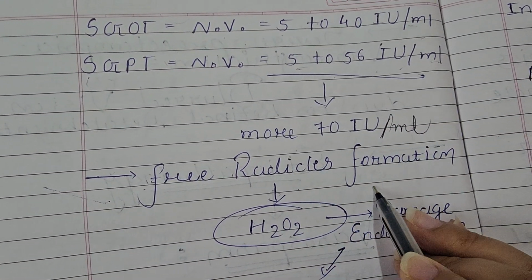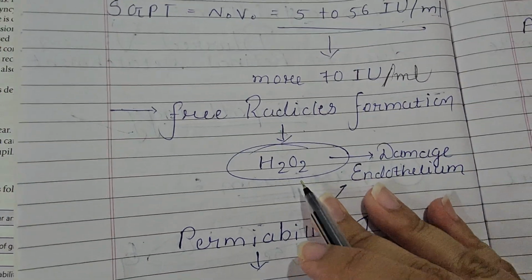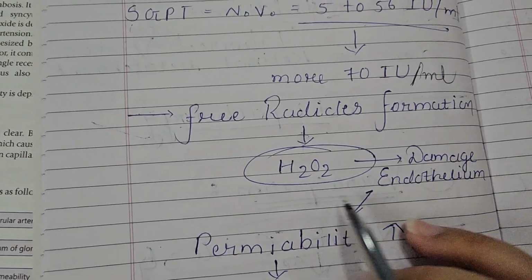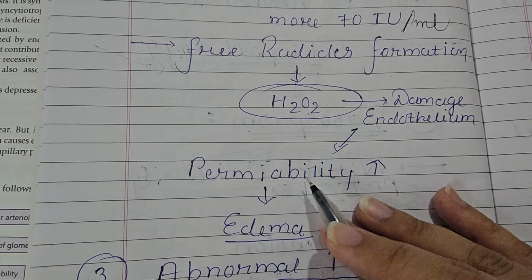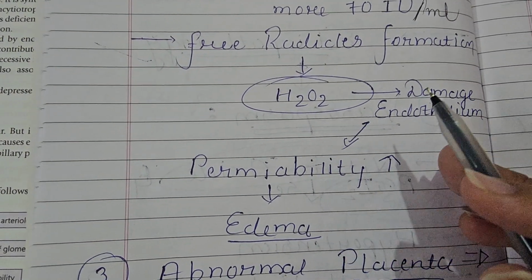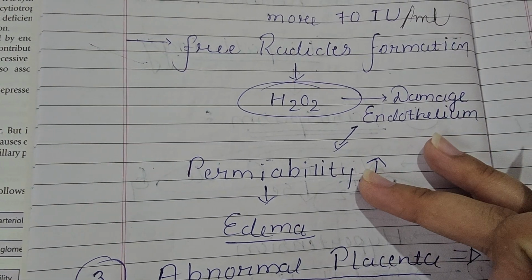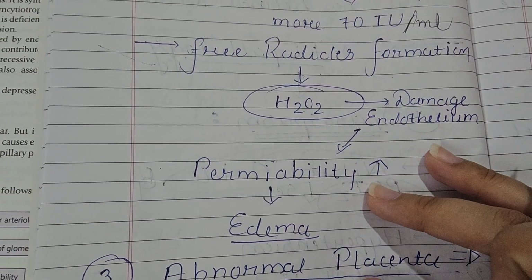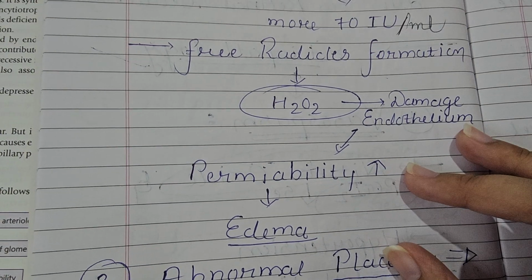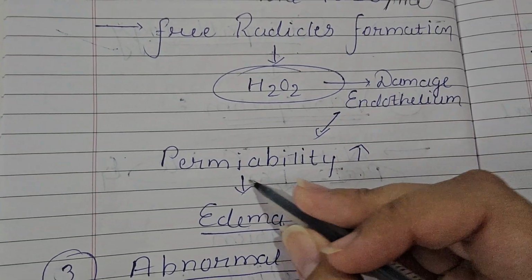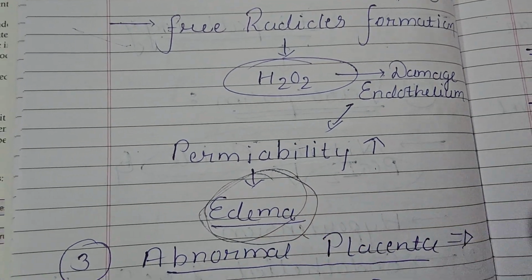Now free radicals form, such as H2O2, which eventually damage the endothelium more, and now capillary permeability increases, capillaries rupture, and both intracellular and intravascular fluid shift into extravascular and extracellular space, which leads to fluid retention, edema.